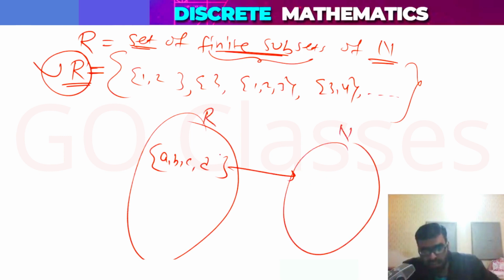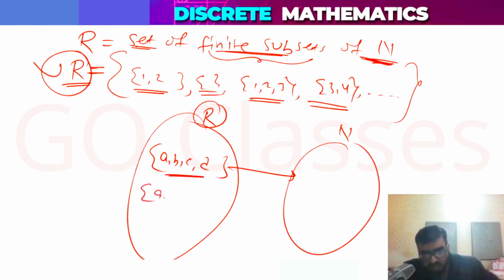This is your set R. In this set R, every element is a finite subset of natural numbers. So you can see in this R you have elements like this, or maybe 2 comma 3, or maybe 1 comma 2 comma 3. So can anyone tell me how to apply the countability lemma? To which element should I assign it?